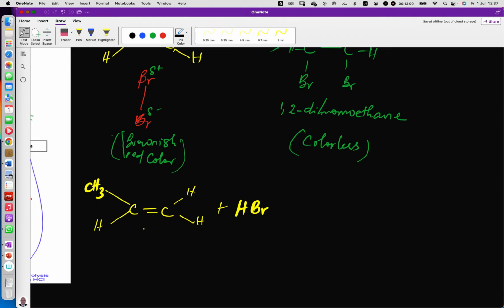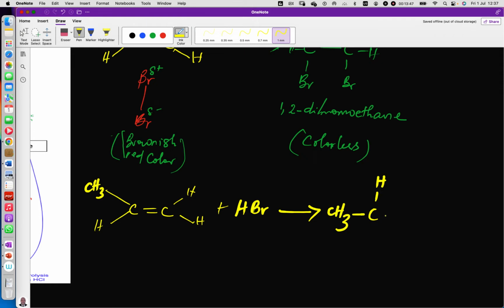So in that case, this is what we are going to have. It will now be CH3, there is a carbon here, hydrogen, there is a hydrogen there.